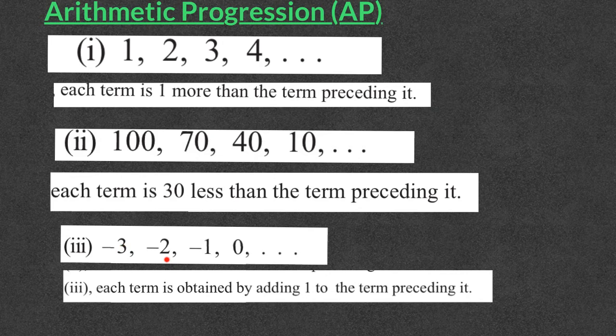And -2 plus 1 will be -1, and -1 plus 1 will be 0. Can you predict what is going to be the next term? 0 plus 1 is going to be 1. So each term over here is obtained by adding 1 to the term preceding it.